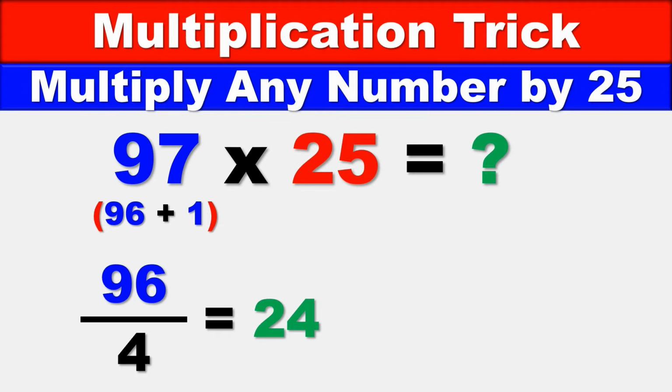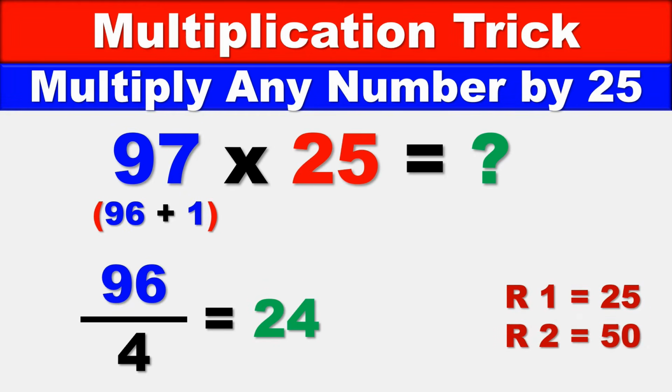And here's a very important part of this trick. Because you don't usually always end up with a clean, even multiple of 4, you're going to have to take a look at this. So, if the remainder of a division is 1, then you'll have to put a 25 at the end instead of 00.